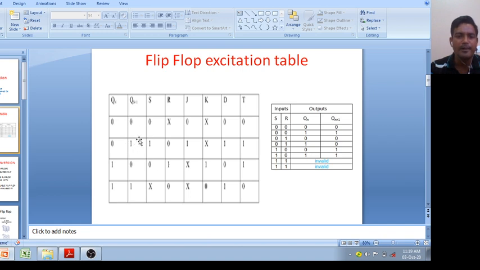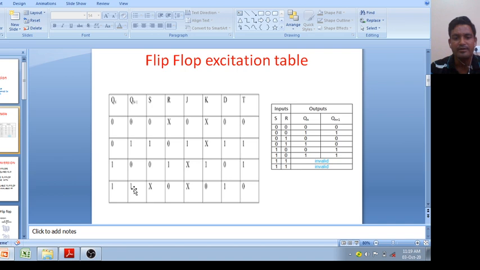Similarly for 0 1. Check from here: there is only one case, and the value is 1 0. When Qn is 1 and Qn plus 1 is 0, again there is only one case, which is 0 1.